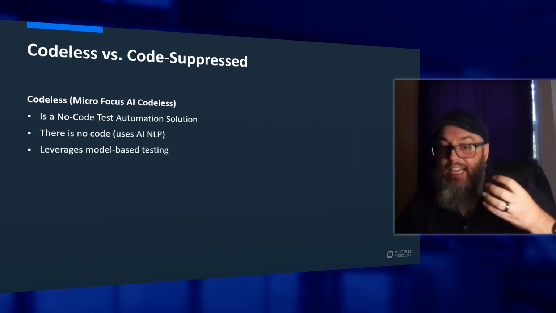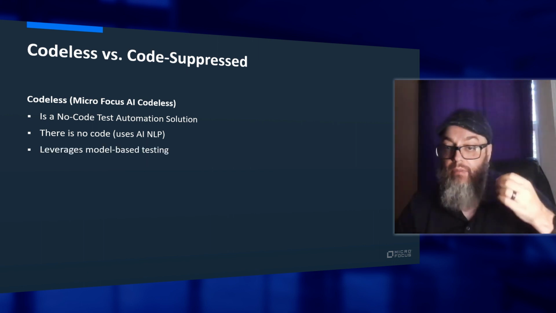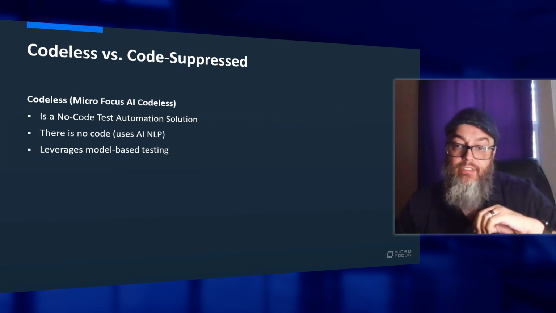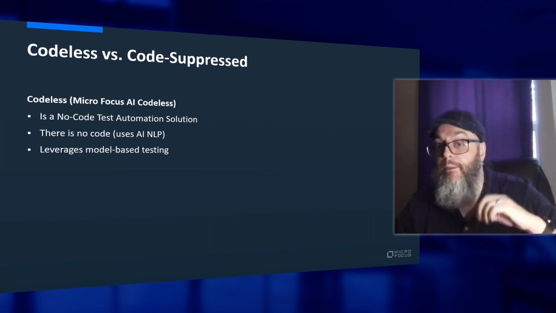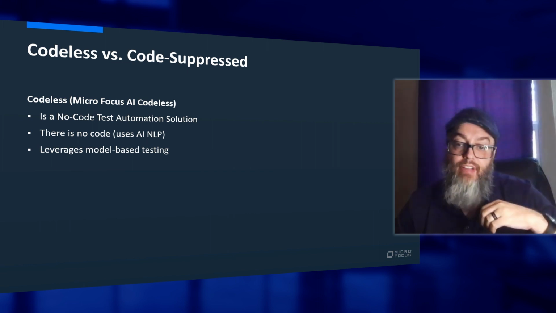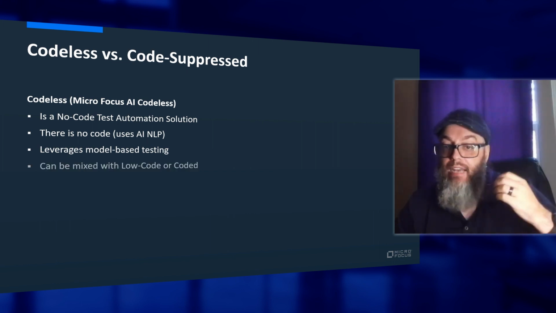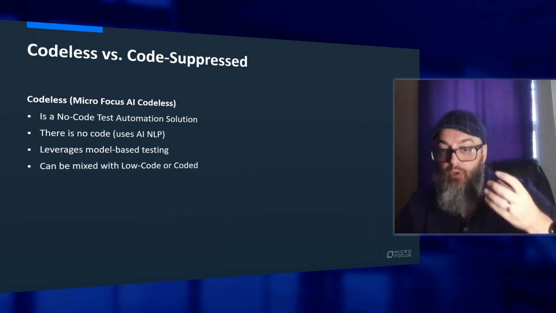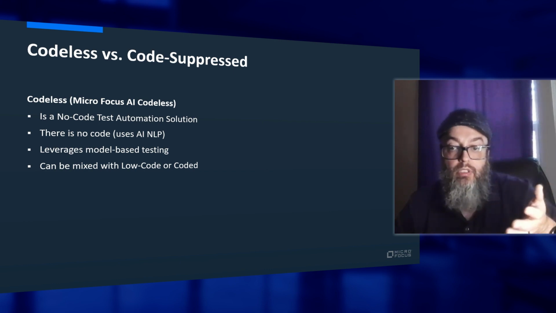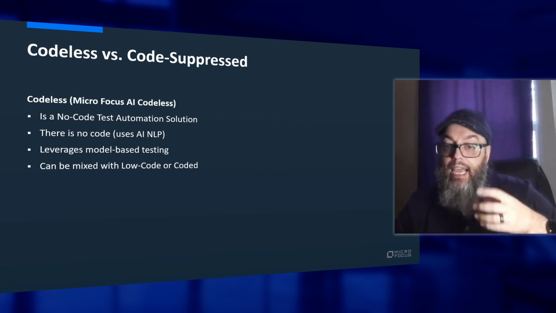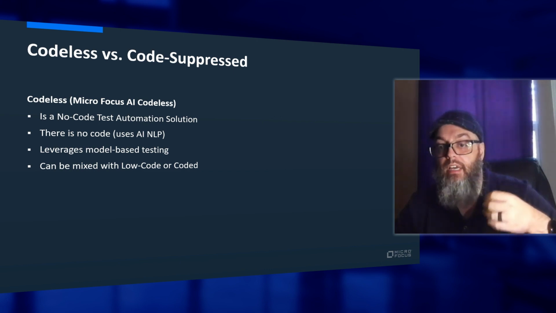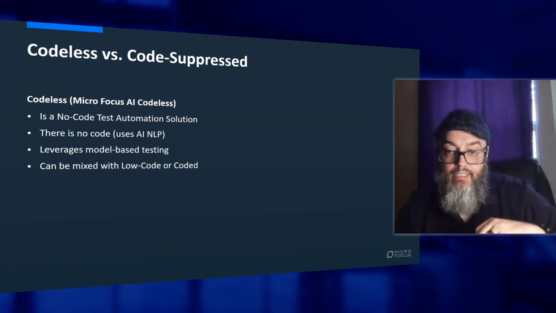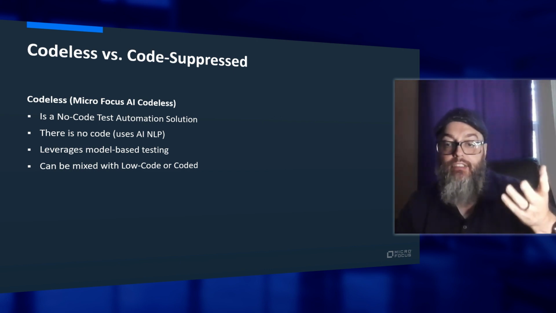AI Codeless actually comes with our model-based testing solution for two licenses, and it's delivered within our ValueEdge platform. And within model-based testing, you can have models comprised of low code, the UFT One scripts, and other models in the same instance of no-code or AI Codeless tests, all executed by the same test suite.